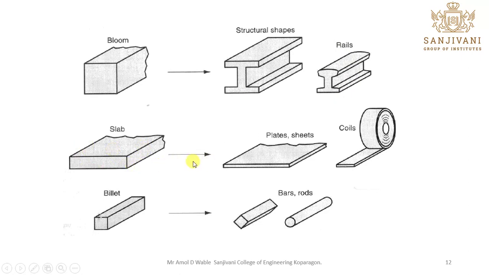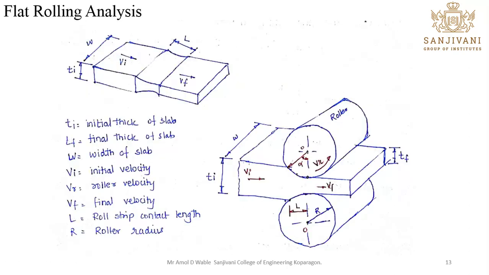Then this is a slab, which is used to make flat sheets. You might have come across this coil sheet in a fabrication workshop. Then this is a billet. This billet will be converted into circular rods or bars. These rods we generally use for construction purposes, for making columns and beams.